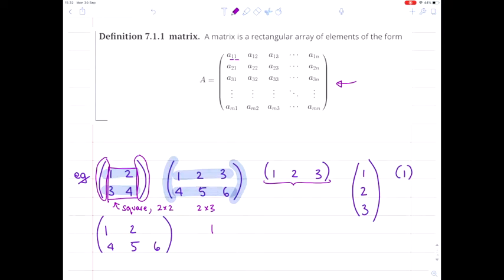This is also a matrix. It has 1 row and 3 columns, but sometimes we'll also refer to this as a row vector. And this we've definitely seen before. This is a 3 by 1 matrix, but it's also what we've seen as a column vector.